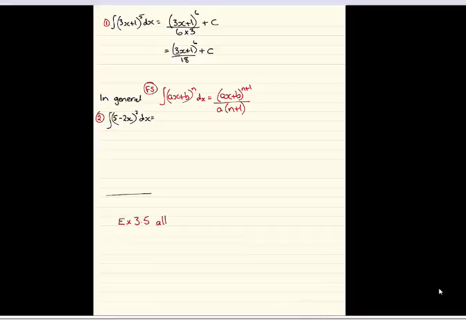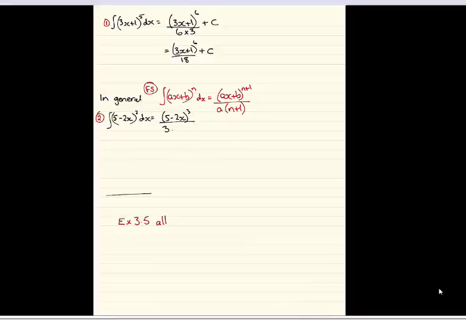so pause the recording, have a go at this one, and then come back and check your answer. Alright, so if I integrate 5 minus 2x all to the power of 2, we keep our brackets as they are to start with, add 1 to your power, put it over the power, and then I've got to multiply that by, well, what would the derivative inside the brackets be?